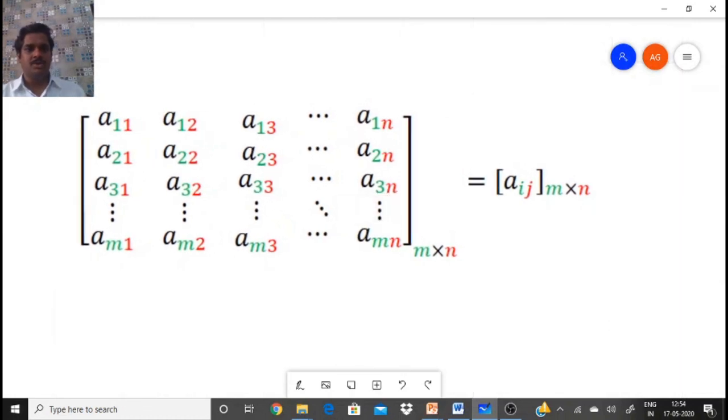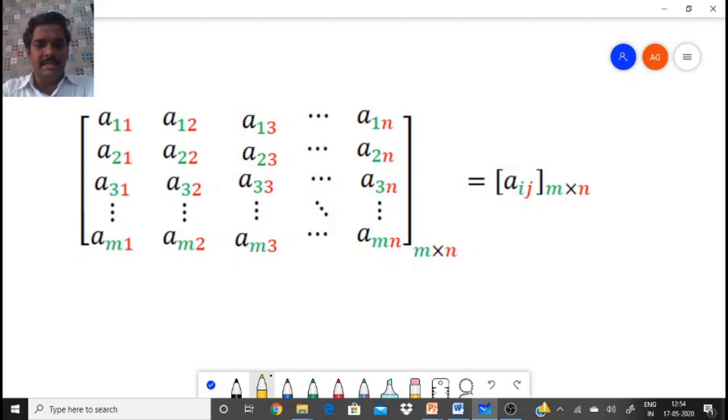So here is my m by n general matrix. The thing which you see in green represents the row. You can see the first thing is 1, 1, which is nothing but the first row. This is your first row.